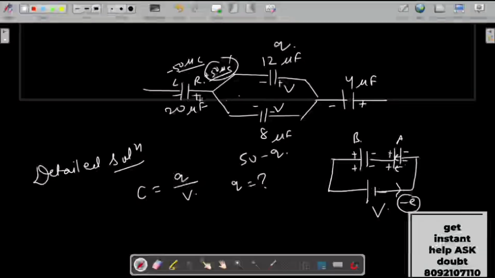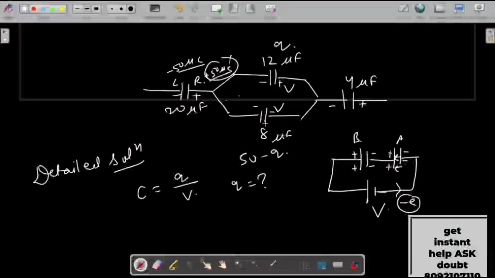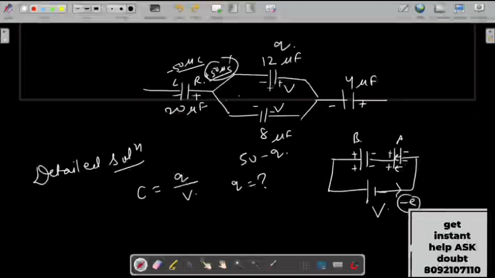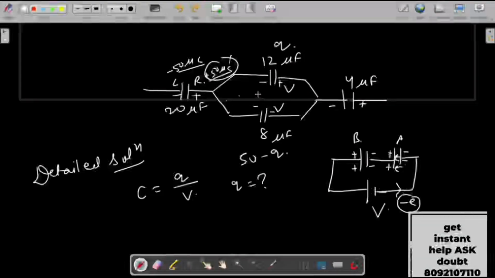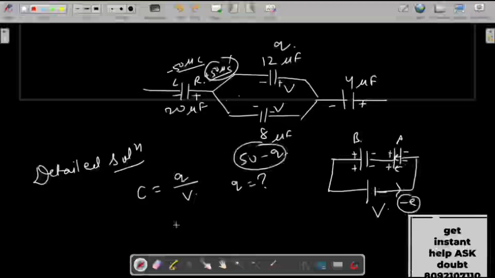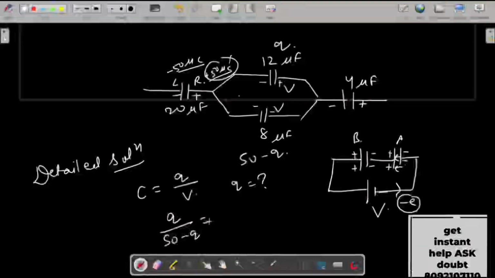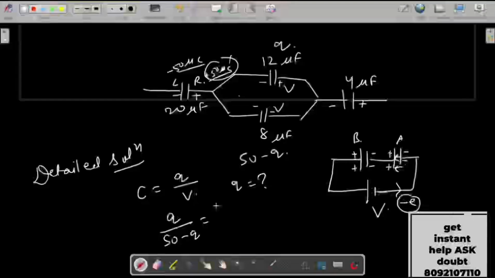Similarly here, by following this rule, we can say that this plate will have a positive charge. Now as we assume that it has Q charge, so it will have 50 minus Q, and their ratio Q upon 50 minus Q is equal to CV.